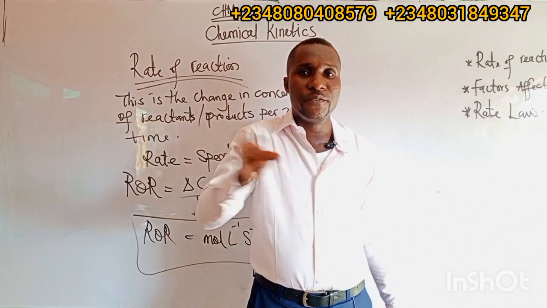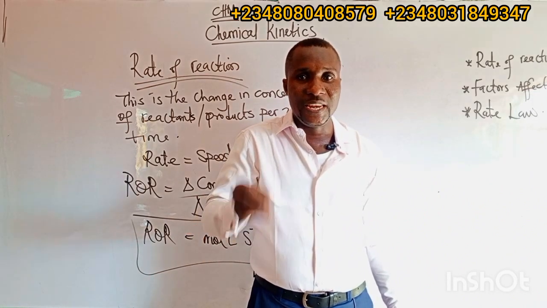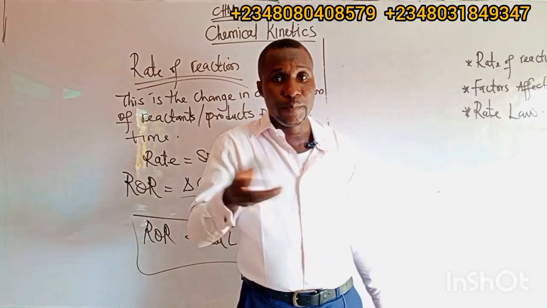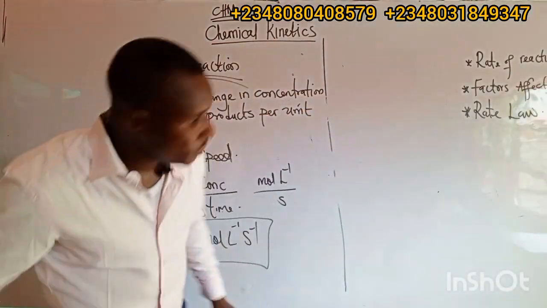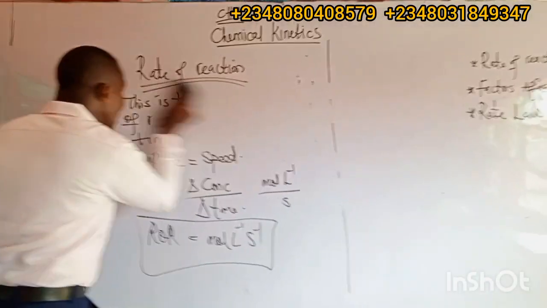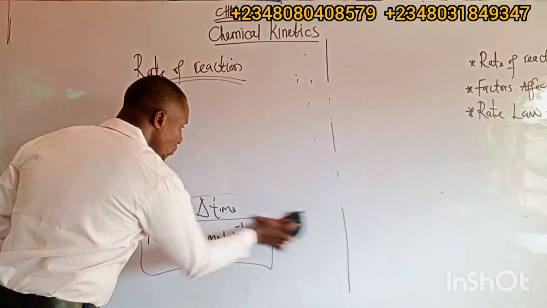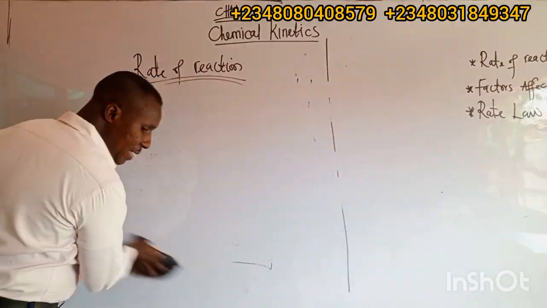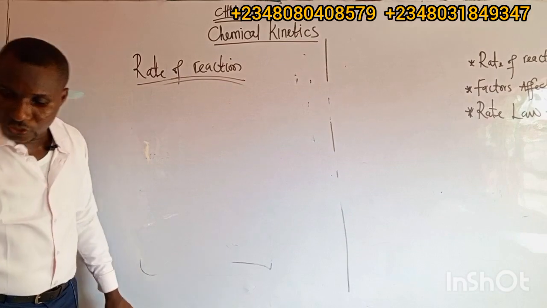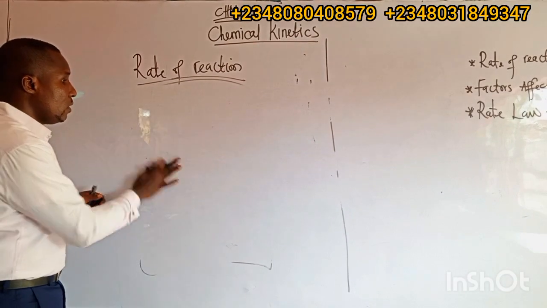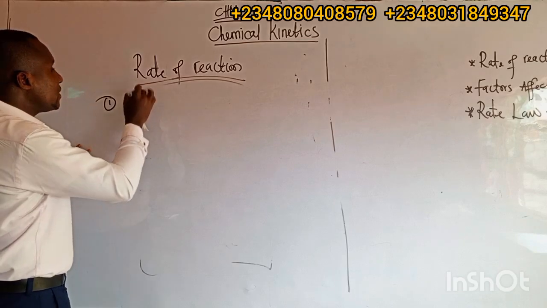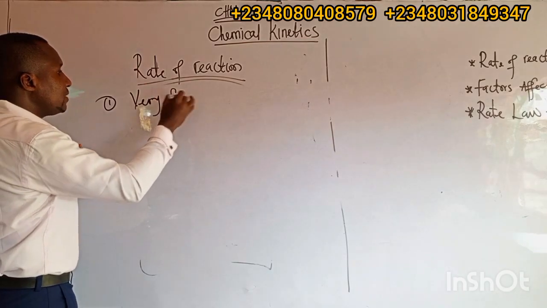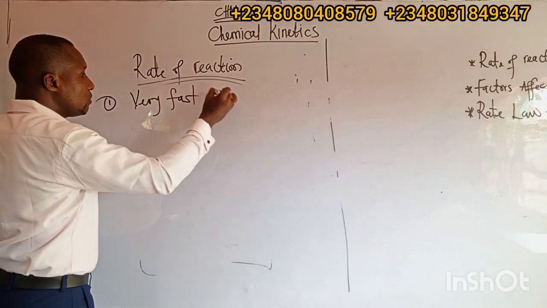There are some reactions whose rate can never be measured. We have three types of reaction based on rate of reaction. We have very fast reaction.